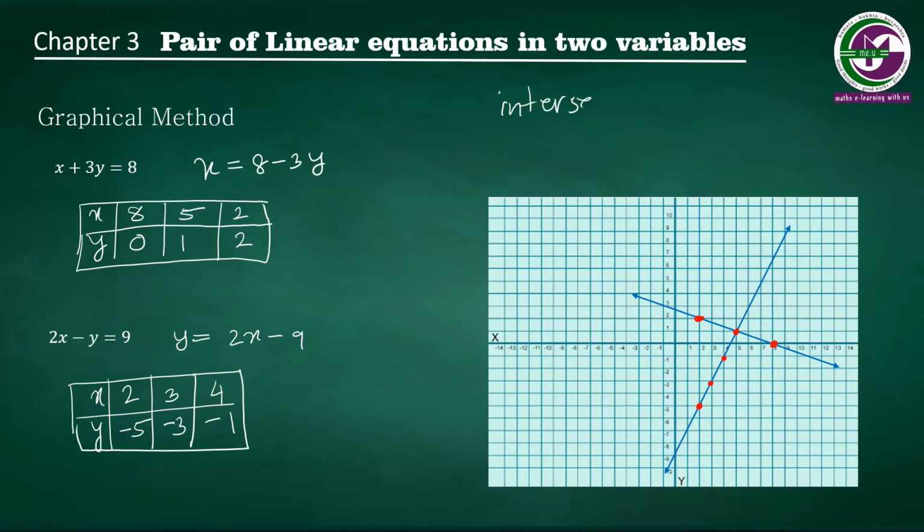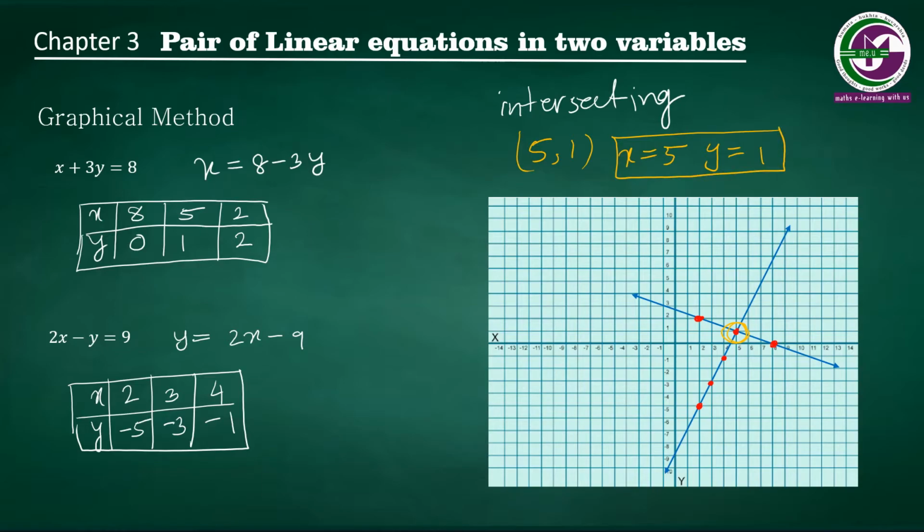When the graph is an intersecting graph, this is the intersecting point, the point is 5 comma 1. That means x equals 5 and y equals 1 is the solution of the pair of linear equations.